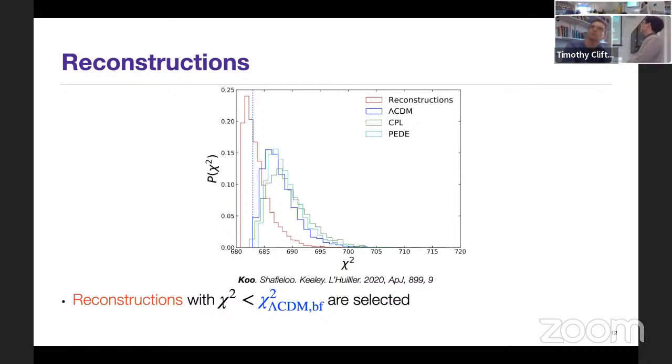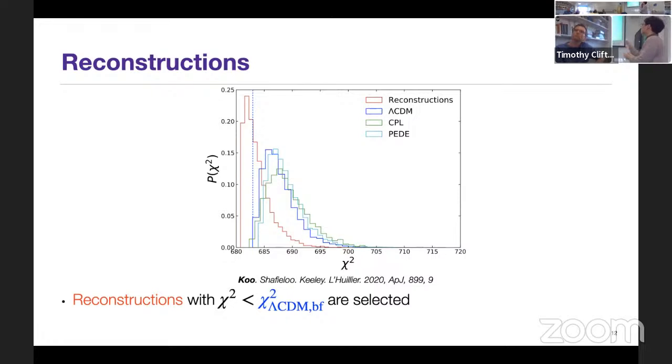To get the contours I have shown in the previous slide, I performed the MCMC analysis. I got different sets of hyperparameters, and then I got the contours from them.